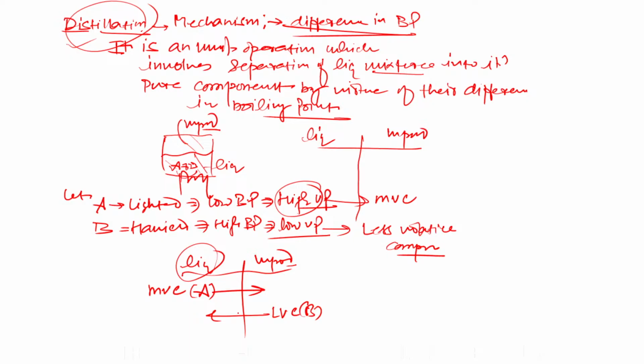This continuous transfer of B from right to left and of A from left to right makes the vapor rich in A and the liquid rich in B. This is how I can separate the liquid mixture of components A and B into pure components: the vapor will be nearly pure A, and the liquid nearly pure B. Is this clear?